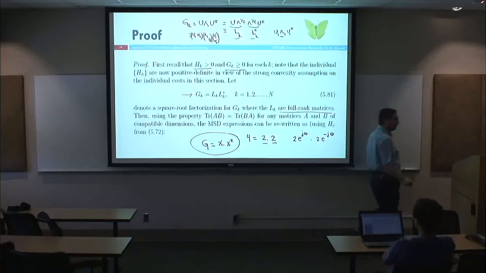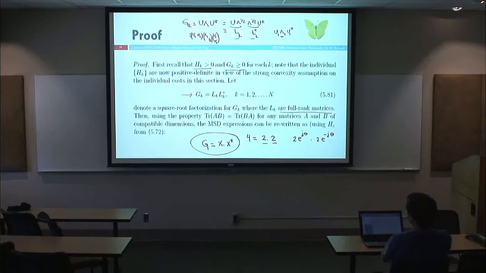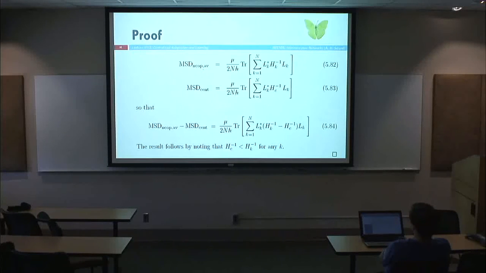And then remember this property that for trace, I can always switch the order of the matrices. So let's go back now. The non-cooperative expression was the trace of the sum of H_k inverse G_k.